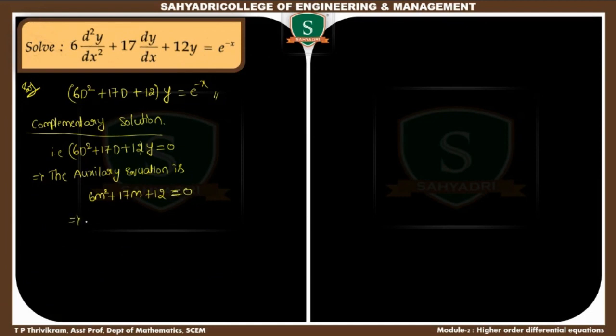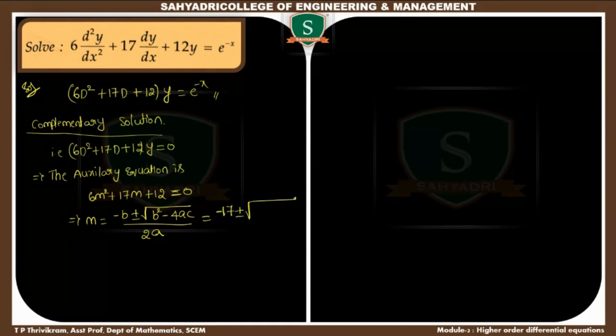So m equals minus b plus or minus root b square minus 4ac divided by 2a. What is b? 17. So minus 17 plus or minus root of b square: 17 square is 289, minus 4ac, 4 into 6 into 12, how much? 288, divided by 2 into 6.